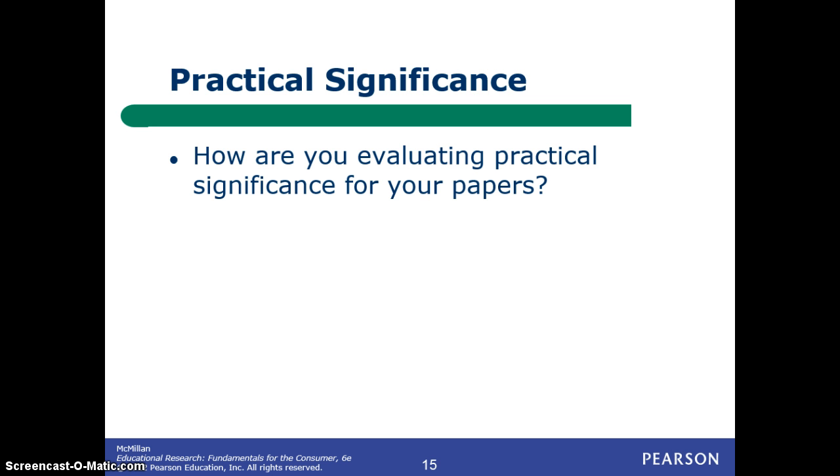As you're working on your MRP, and let's say that you've got comparison groups, not just in terms of calculating effect size, but think ahead. How do you think you would make those inferences to try to reach practical significance?